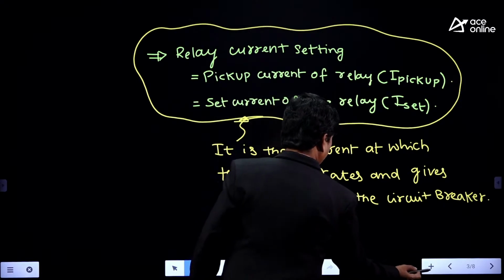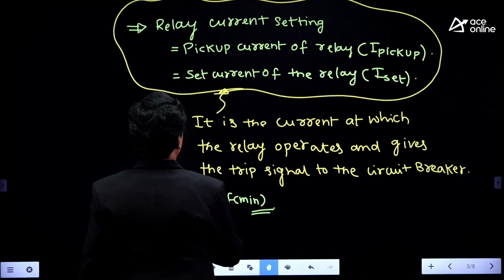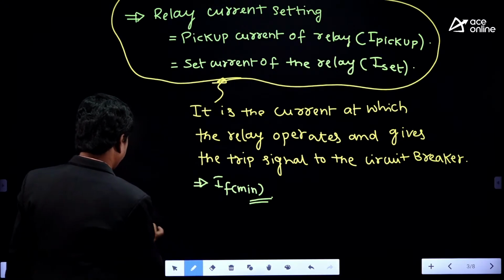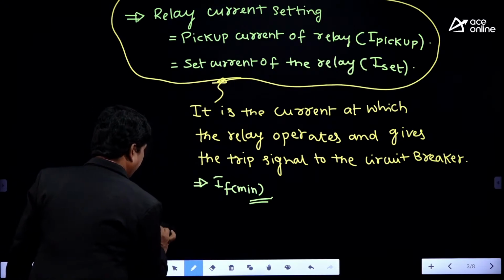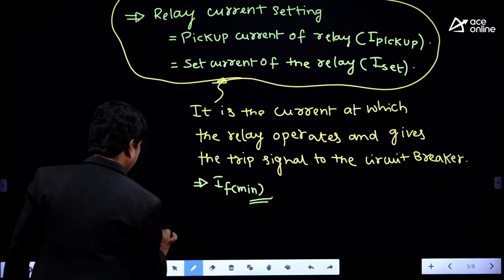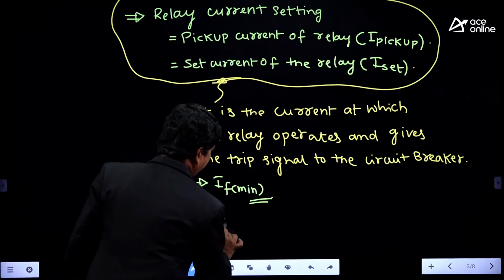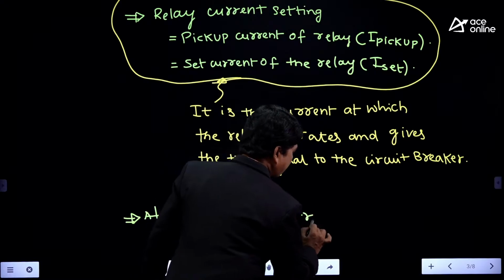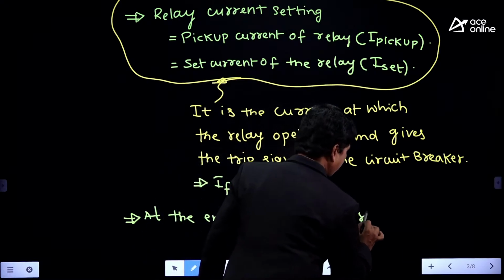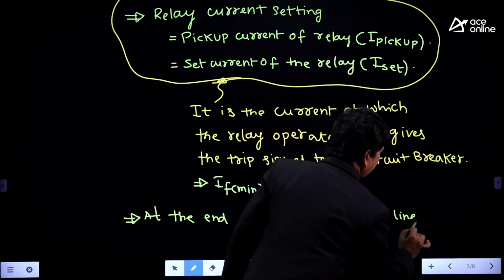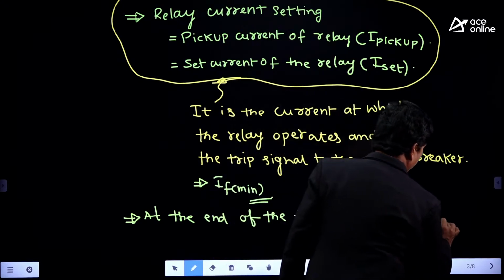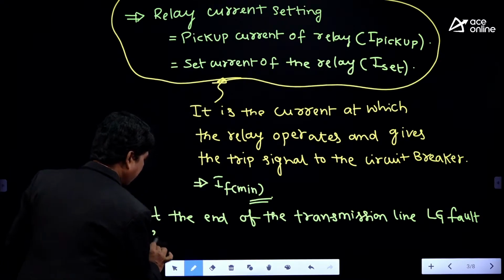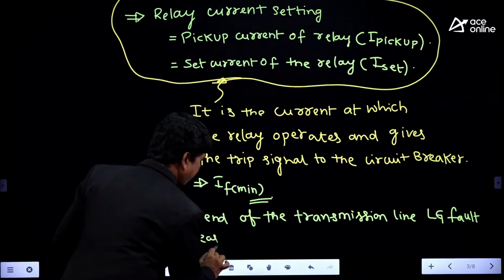Therefore, we can say the relay current setting should be based on the line to ground fault at the end of the transmission line. LG fault is the least severe fault.